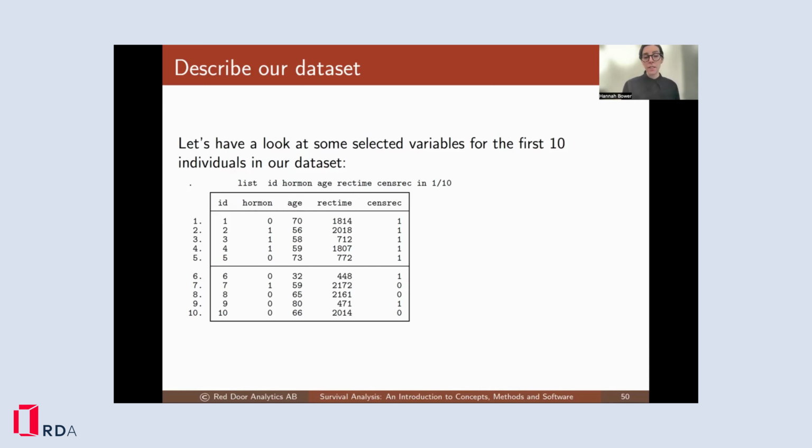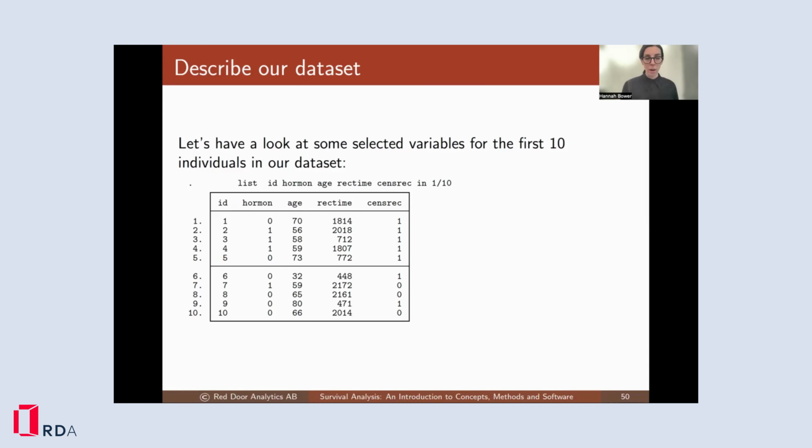They entered the study at breast cancer diagnosis at age 70, and then we followed them for 1,814 days. At the end of that period, they had a value of censrec equal to 1, which means that they died or they had a recurrence of breast cancer. We don't differentiate between those two outcomes here.